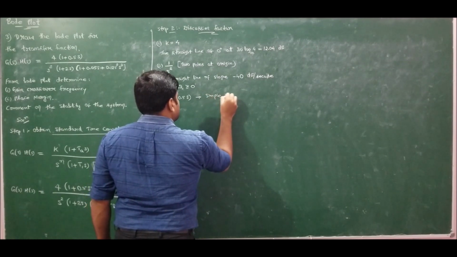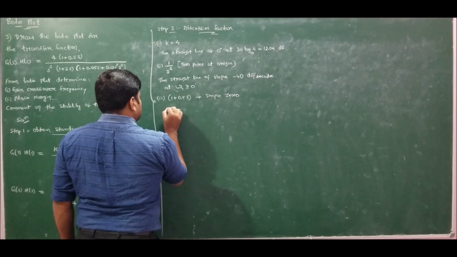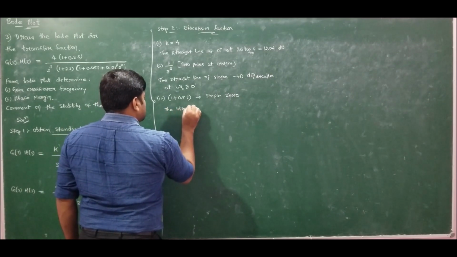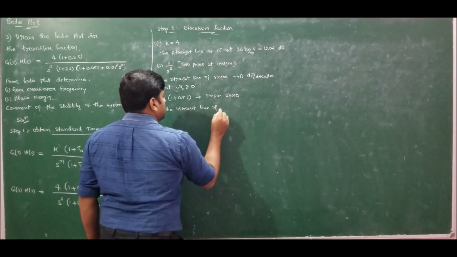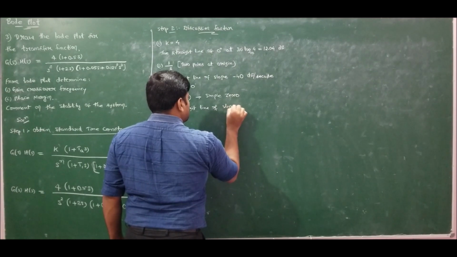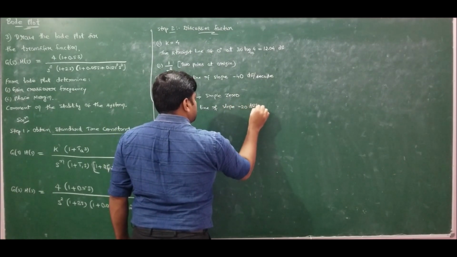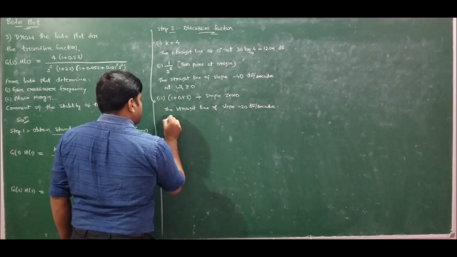If I consider the simple zero, it is the straight line of slope, how much? Minus 20 decibels per decade.